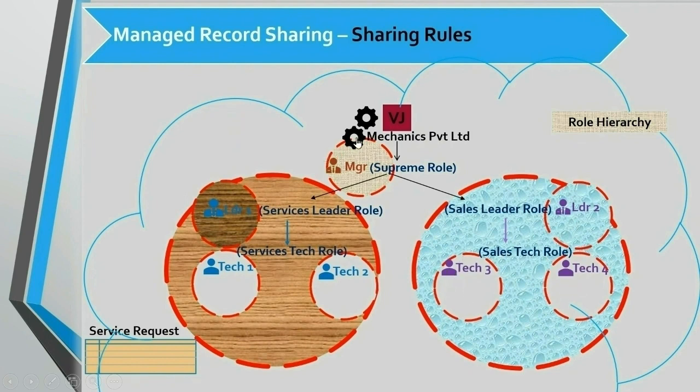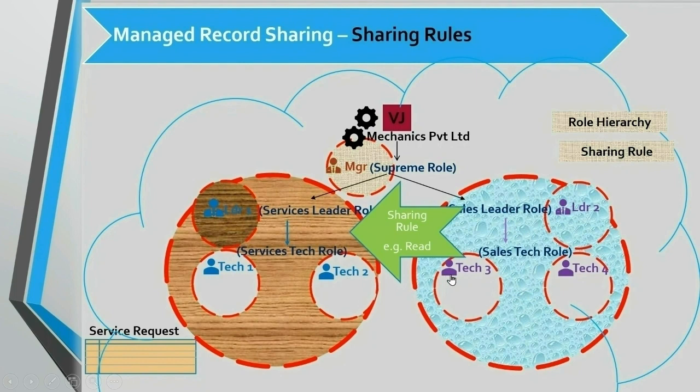Now we are going to configure one sharing rule. Once we apply the sharing rule, the read permission on the records created under the sales leader role and its subordinates would be given to the users under the services leader role and the users of the subordinate roles of the services leader role, that is LDR1, Tech1, Tech2.